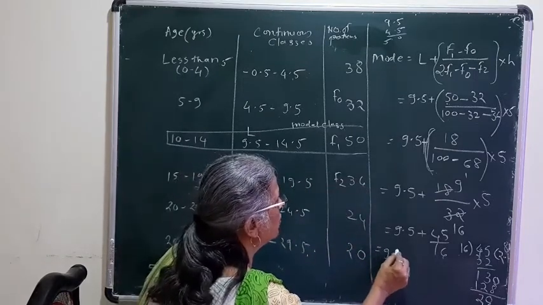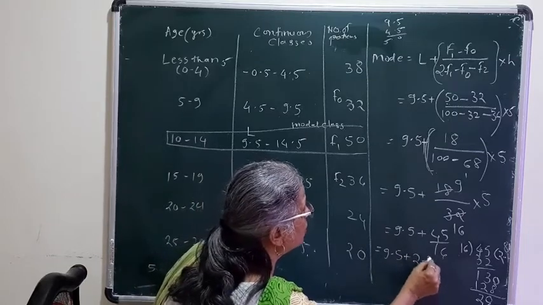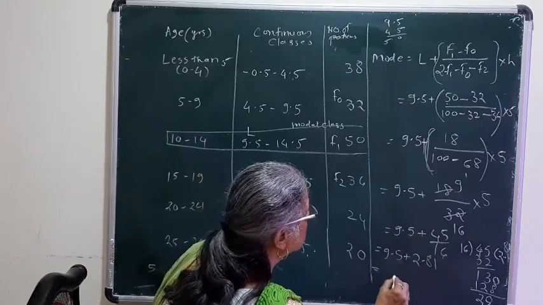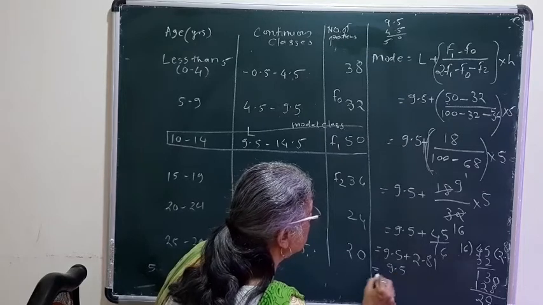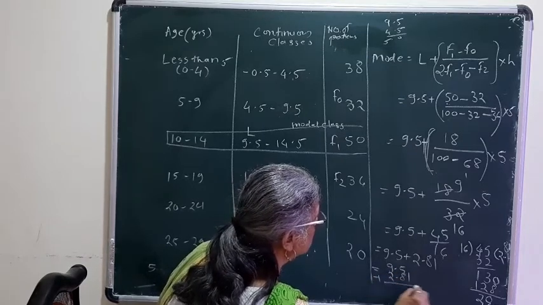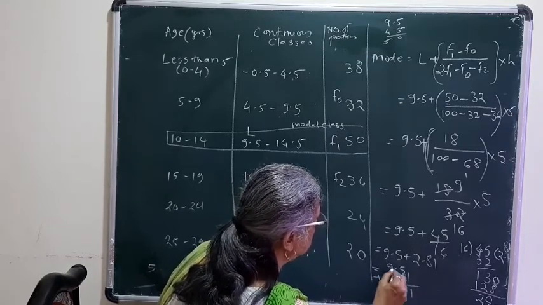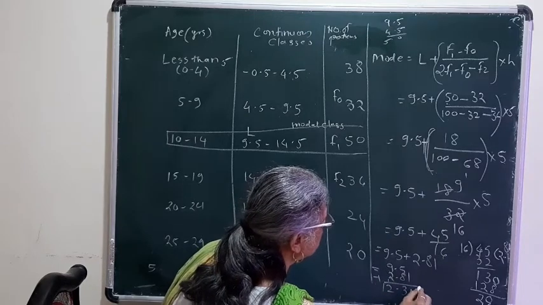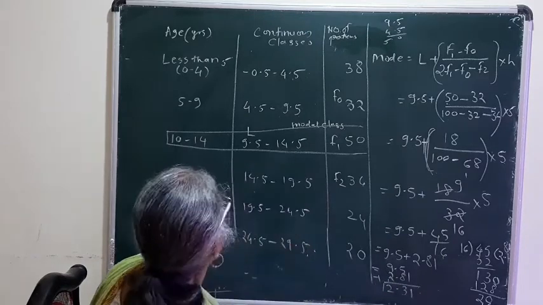So 9.5 plus 2.81 is 12.31. So here years.